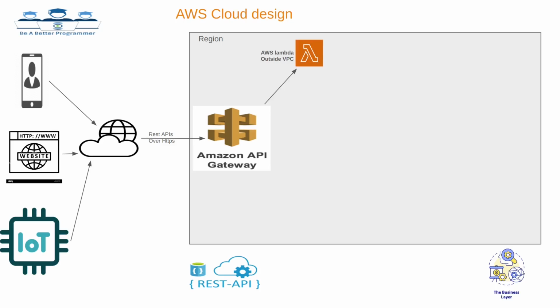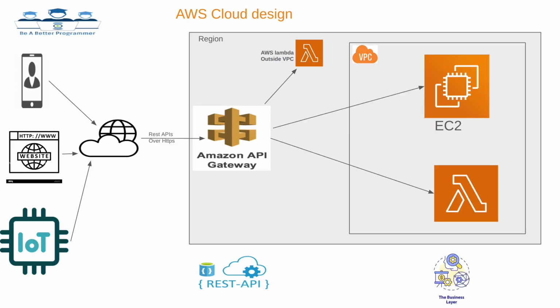Then you have your backend code written in AWS Lambda, which you can deploy outside VPC or inside VPC, so Amazon API Gateway can access the backend code. Let's say you have a VPC also. Inside the VPC you have an EC2 instance, and inside it you have developed an API on a server like Tomcat or Wildfly.